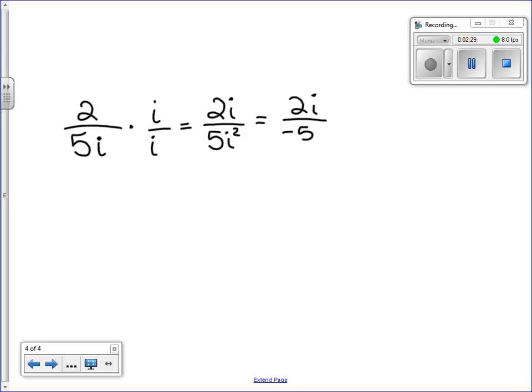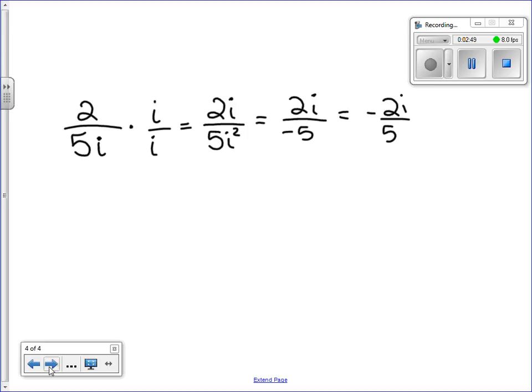You can leave it like that, or you can write negative. Okay, doesn't matter. So that's pretty easy, right?